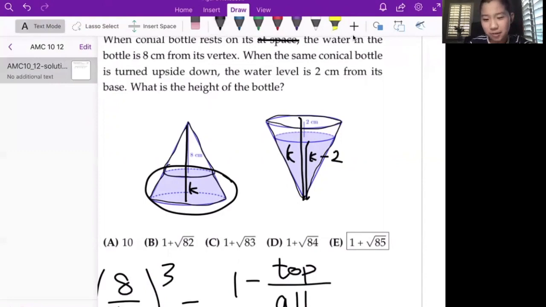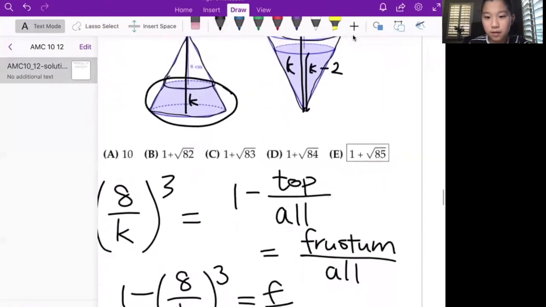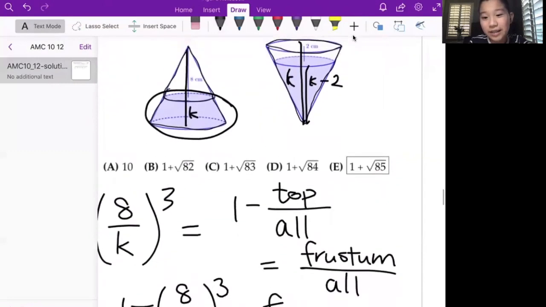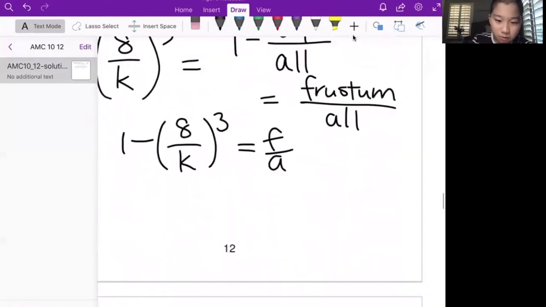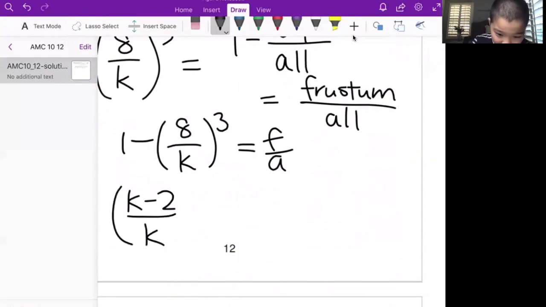So now how do you calculate the area of the shaded region? It's basically just K minus 2 over K, that's the corresponding side length, and then cubed. So K minus 2 over K cubed. And that's equal to the ratio of the shaded region over all.